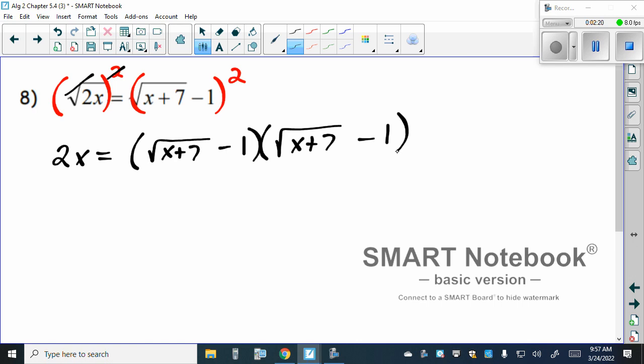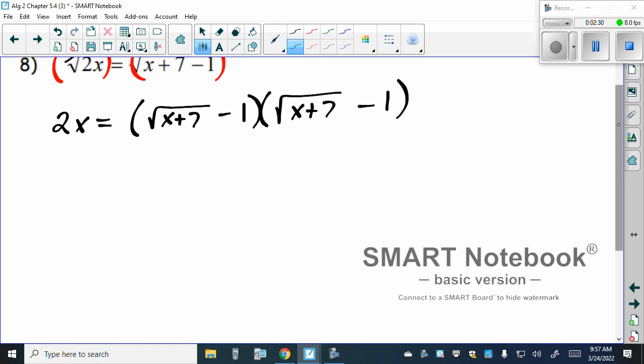now the right-hand side, because we do have two terms, we actually have to multiply it by itself. Now, when we do this multiplication, we're going to use our distributive property, just like if we were multiplying x minus 1 times x minus 1.